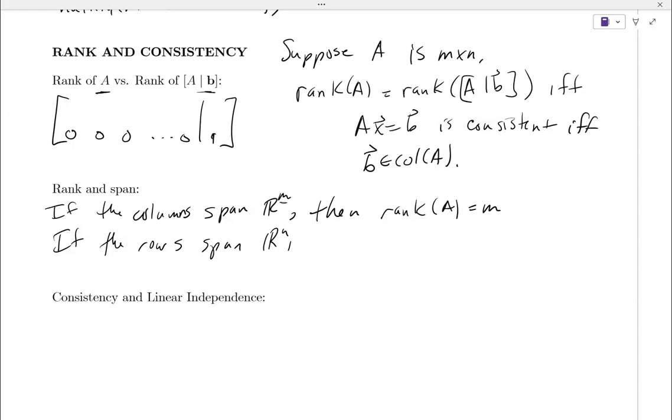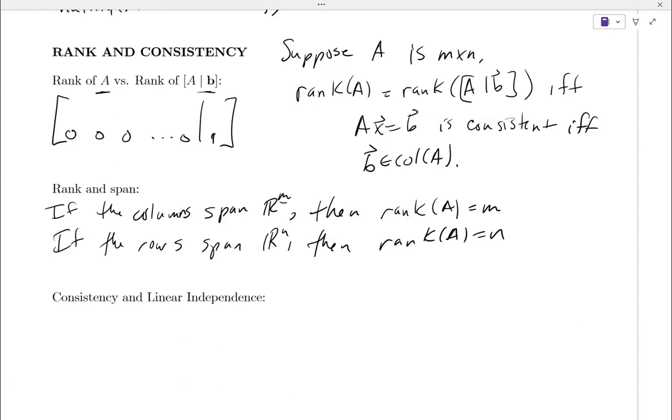How do I do that? Transpose, right? So I want the rank of A transpose to equal what then? I would want the rank of A transpose to equal N, but the rank of A transpose is the same as the rank of A, right? So if I want the rows to span Rn, then I need the rank of A to be N.